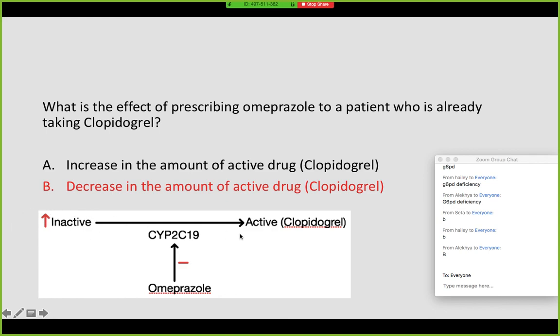This is a good example of why this is important, because if you have a patient on clopidogrel, which is an antiplatelet, and you give them omeprazole, which is a very common proton pump inhibitor for something like heartburn, you can cause an increase in the amount of inactive clopidogrel, which is a blood thinner, so this patient could form a clot and, of course, the negative effects associated with that. Okay.